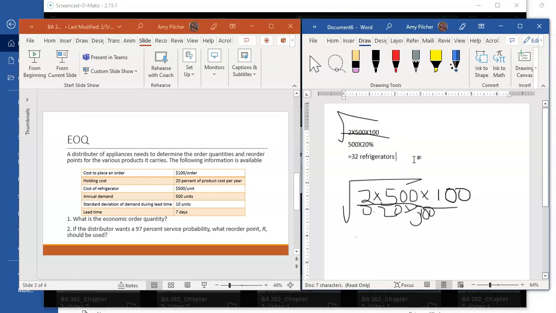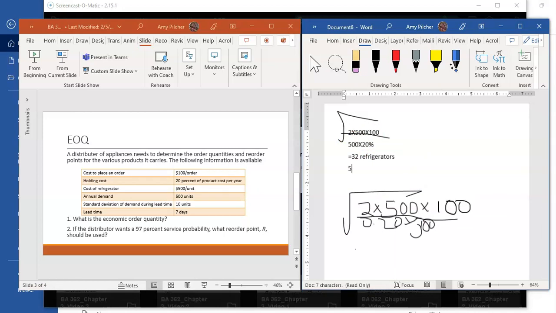Okay, so 32 refrigerators. So then we have 500 as our annual demand. We want to order 32 each time we order. So 500 divided by 32 is 15.625.